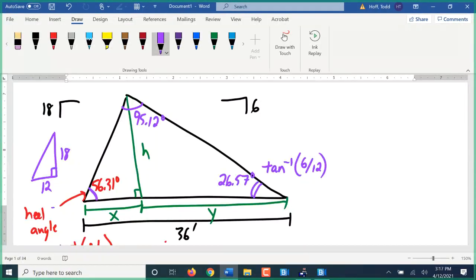Angle up top, 97.12 degrees. How do I know that? Well, because they have to add up to 180.